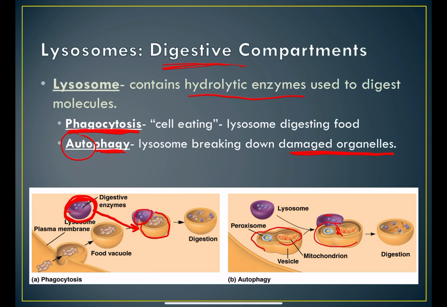So a lysosome is for digestion, for breaking down things. Sometimes good food molecules, sometimes damaged organelles or things that need to be gotten rid of in the cell. Sometimes bacteria and viruses will be targeted for destruction, and that could be the job of a lysosome as well.